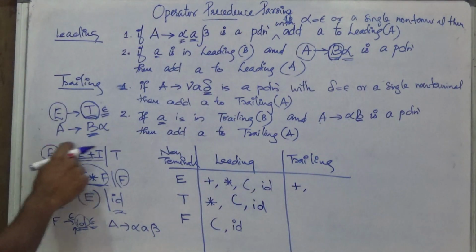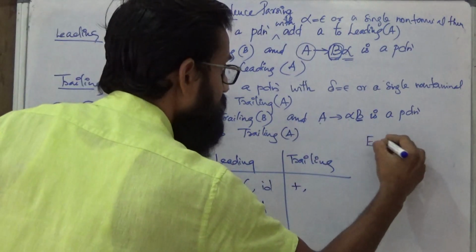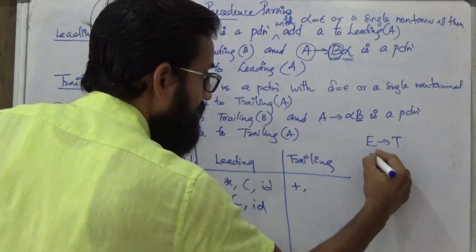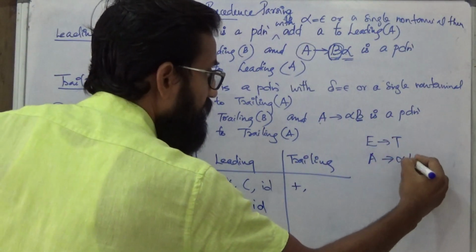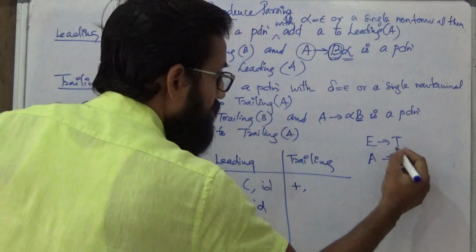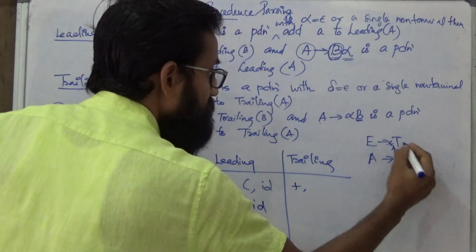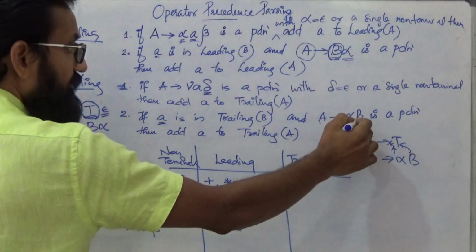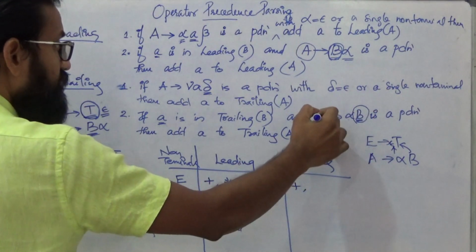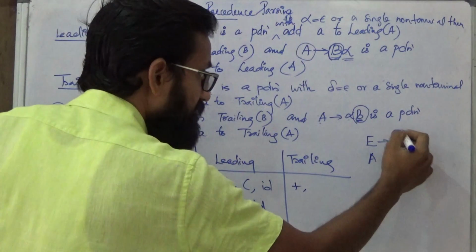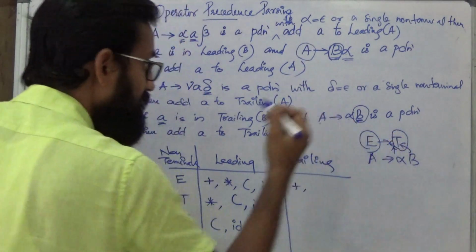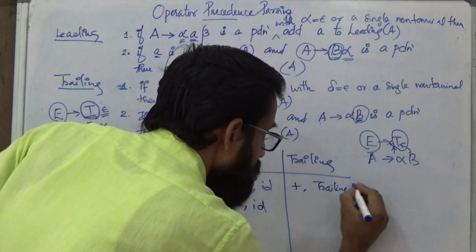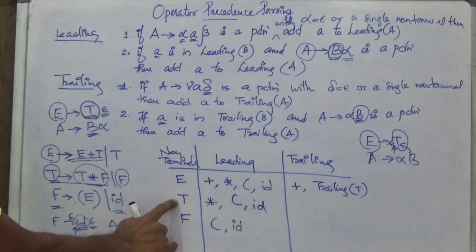Now again, if I consider the production E giving T, this actually matches with A giving alpha B. So here alpha is actually epsilon and B is actually T. If this is the case, you can add everything in trailing of B to trailing of A. So here you are expected to add everything in trailing of T to trailing of E.